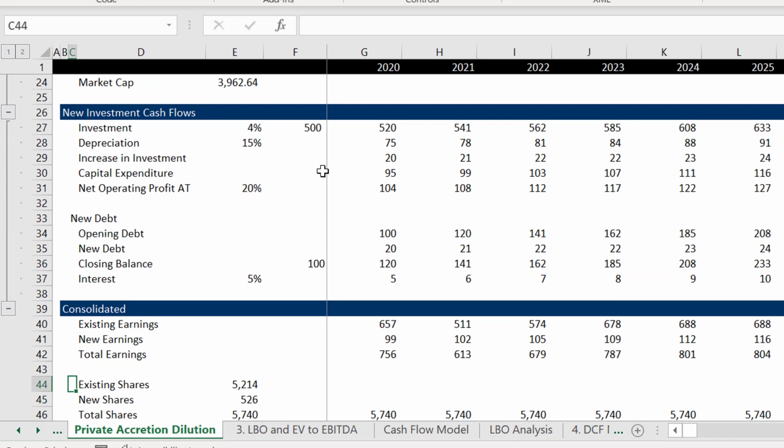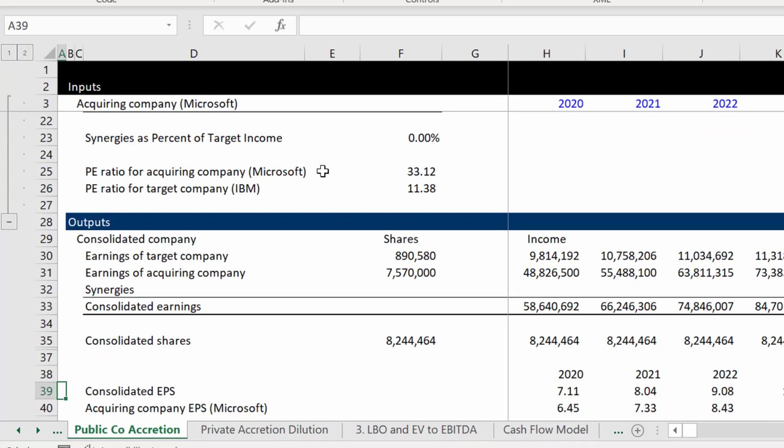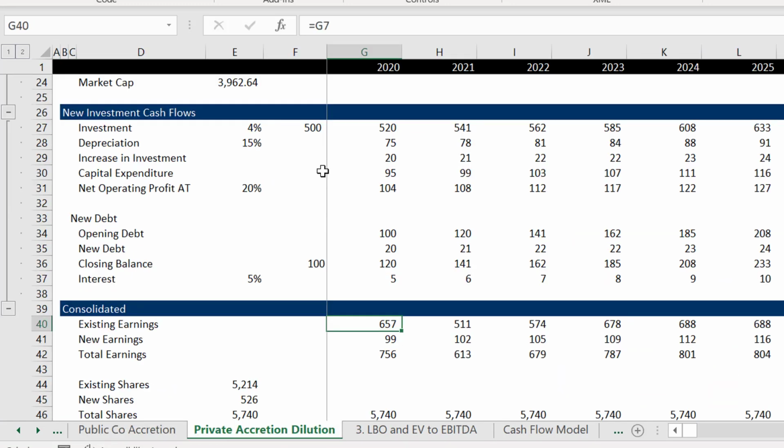And then what we do is we put our existing earnings exactly like we did in that very simplistic analysis with IBM and Microsoft, and then we find the new earnings, and I sure hope that I put the new earnings here. That's our earnings. We put our profit after tax from our return on invested capital.